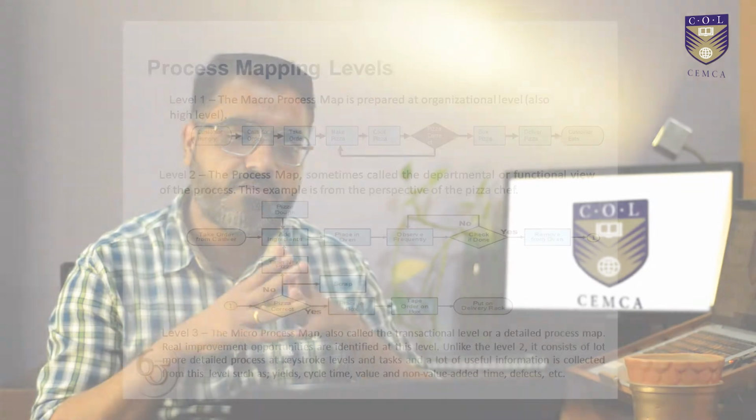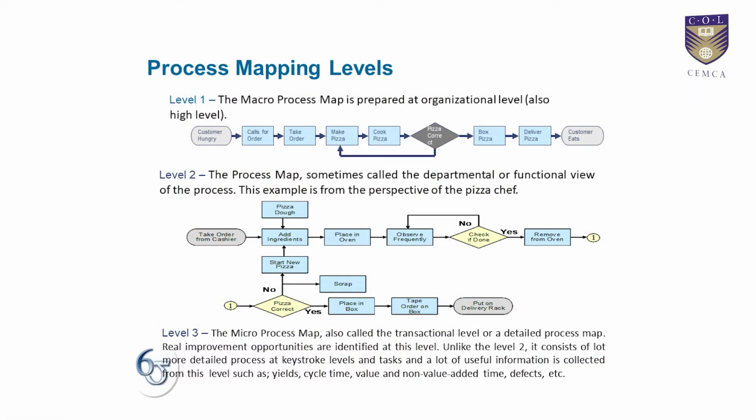As part of this, we need to understand there are different levels of process mapping that we first need to know before we try to map a process. In this slide you can see we're talking about 3 levels of mapping a process. Level 1 is a very macro process map, which talks about a process at an organizational level and will not be more than 6 to 7 steps.